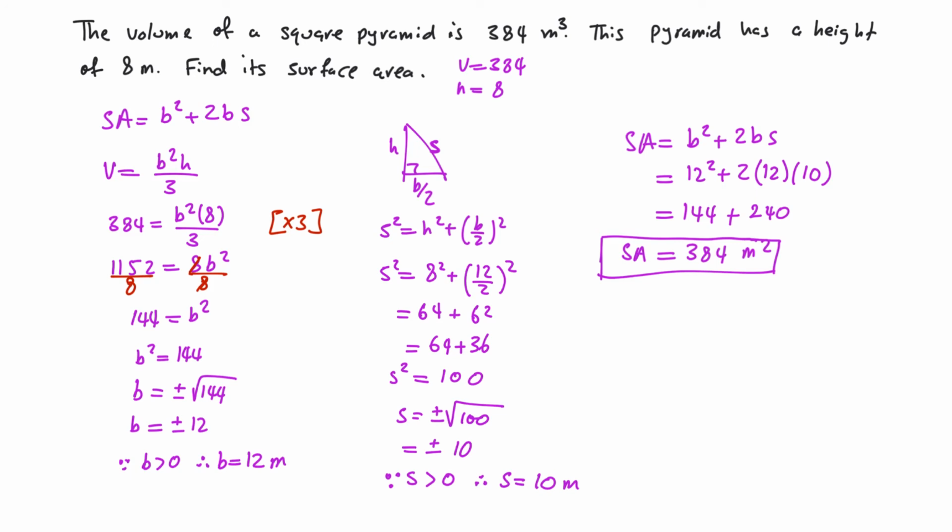So in terms of steps for this, first of all, you had to recognize that you had to use the volume equation, plug in the proper values, solve properly, and get your final b value, and then use Pythagorean, plug in proper values, solve properly, and get a proper slant height, and finally use those set of values in the proper equation.